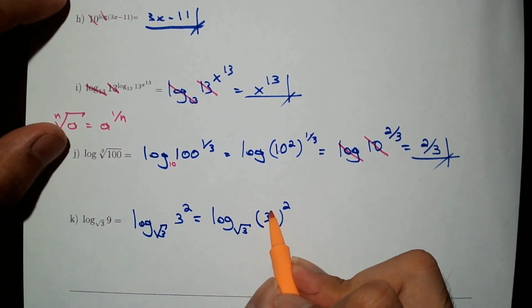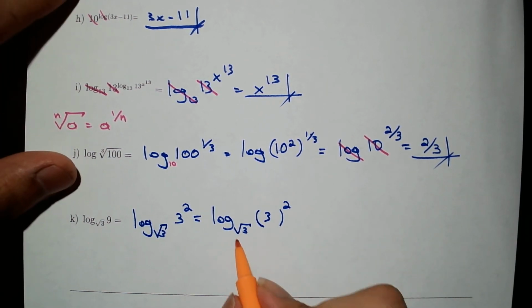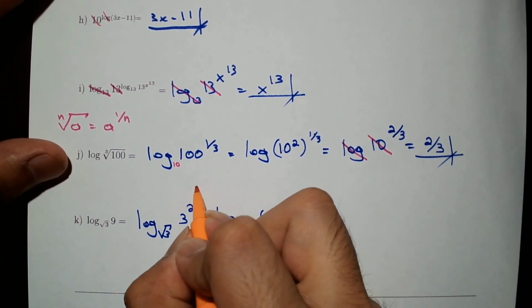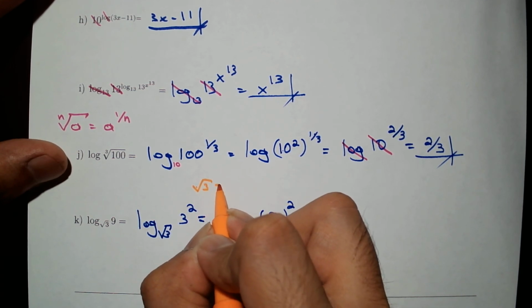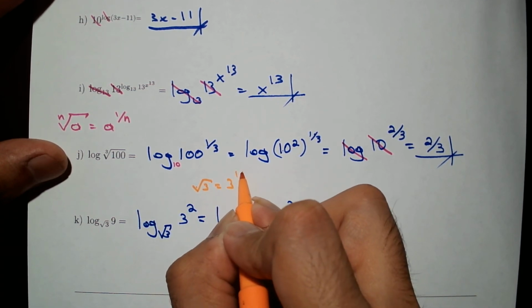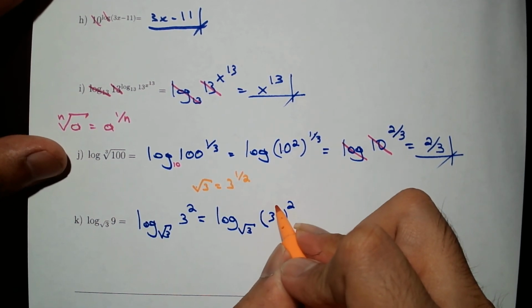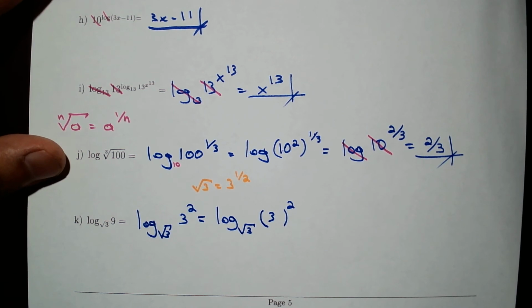So somehow I need to turn this 3 into square root of 3. So this square root of 3, let me write it on the side, is the same as 3 to the 1/2. All right. So somehow I wish I had a 1/2 in here.